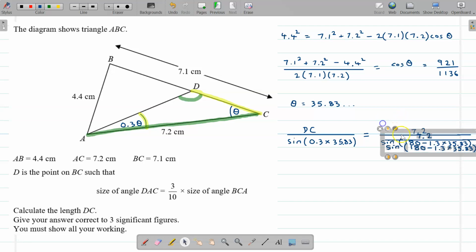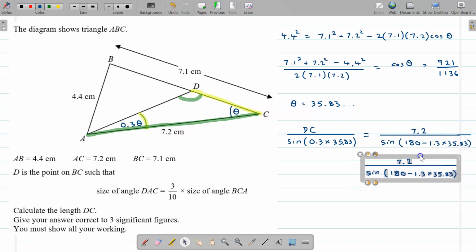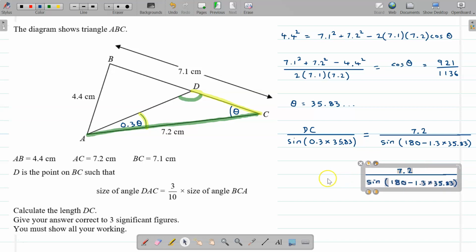And I'm going to say that DC is equal to this thing at the bottom, but I'm going to move the 7.2 along and put it here, and next to it I'm going to put the denominator of this, next to it there.